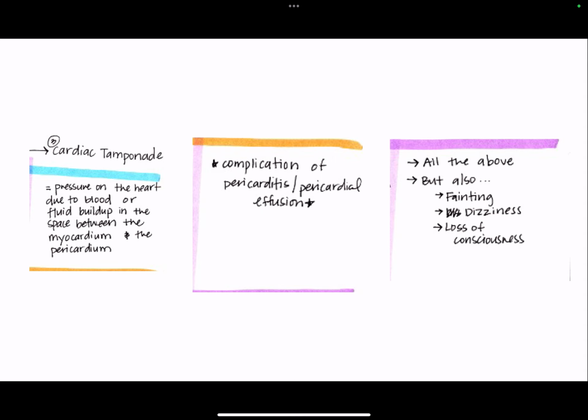Any questions about pericarditis or effusion or cardiac tamponade?